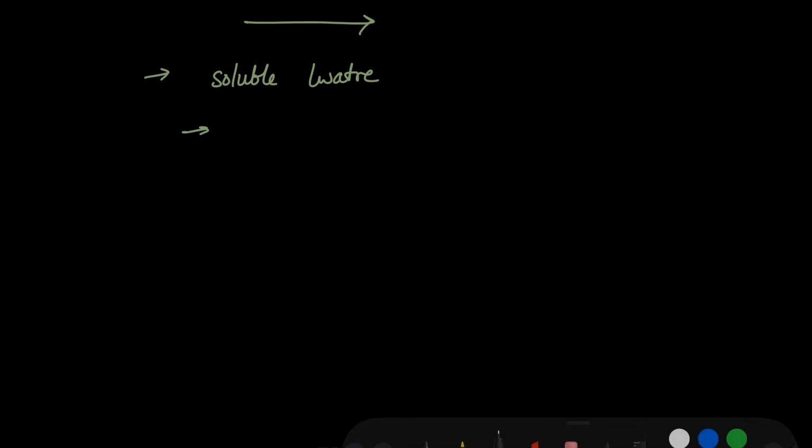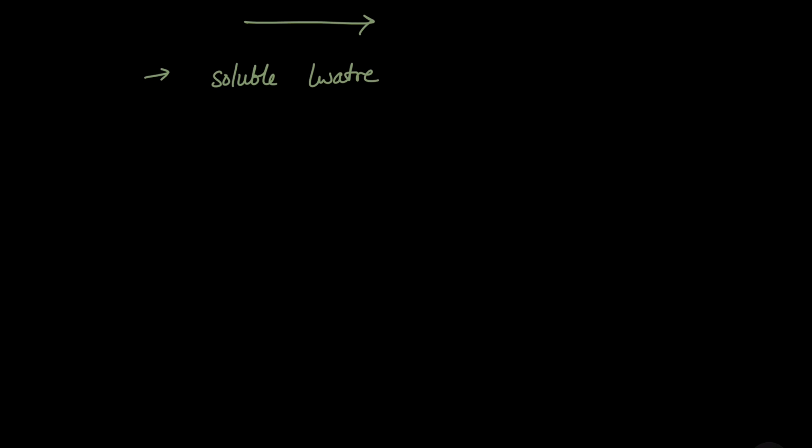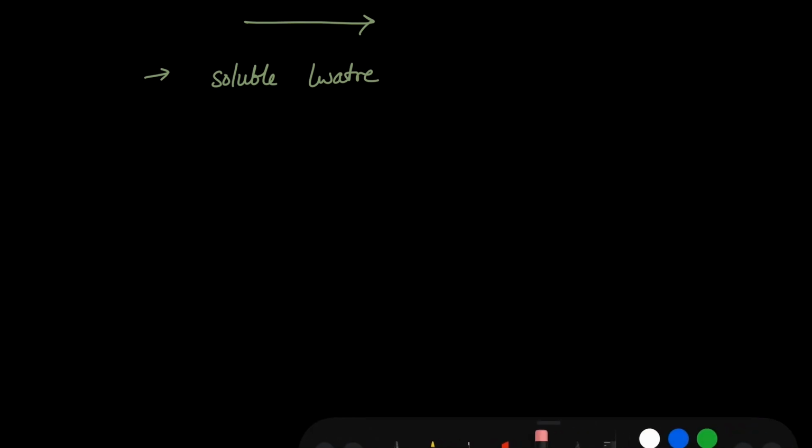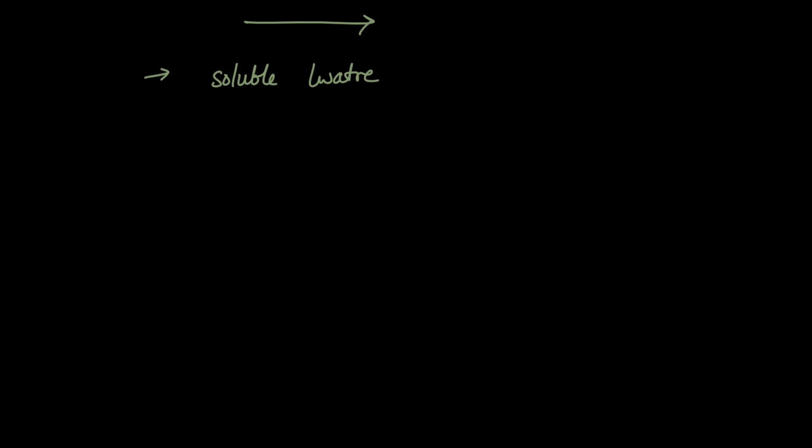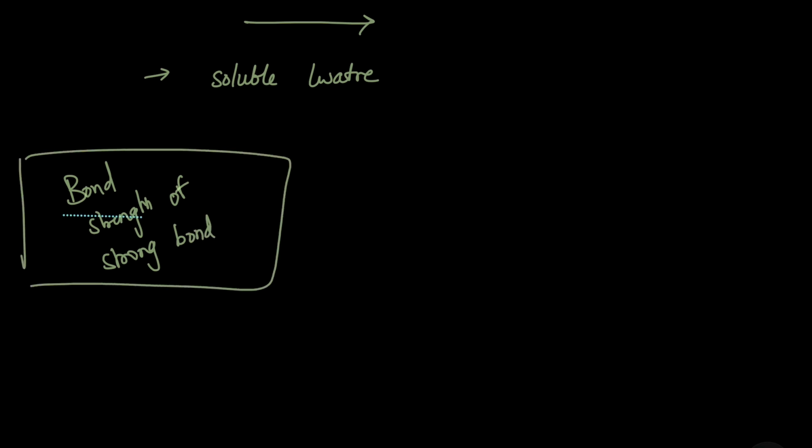Now we are going to see the energy or bond strength of these strong bonds. Which one is the strongest? Strongest is the ionic bond. Then we have metallic bond.